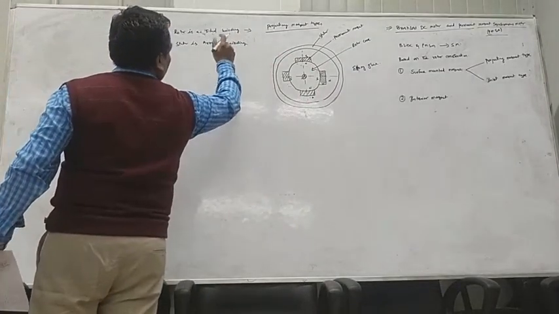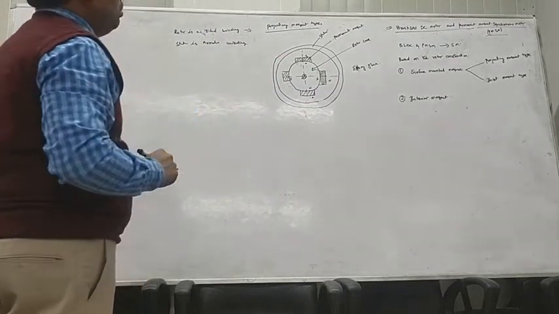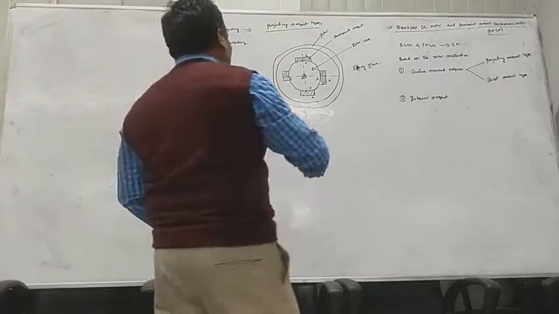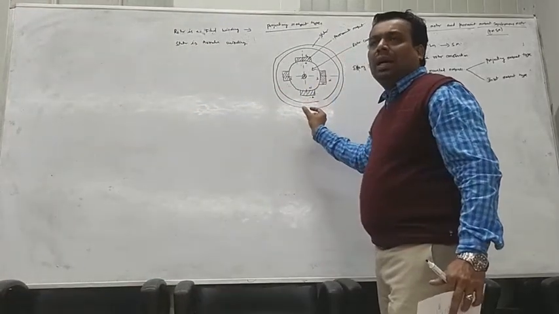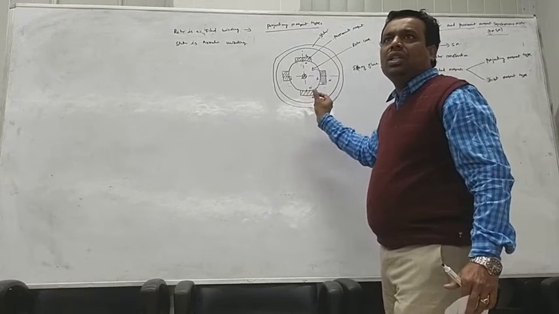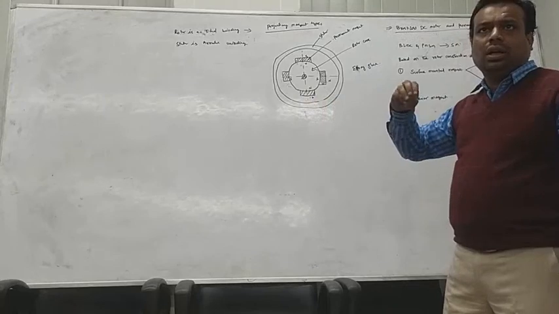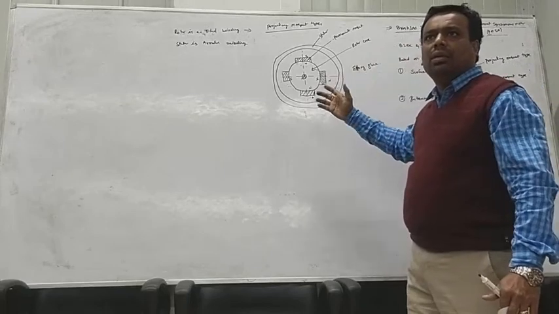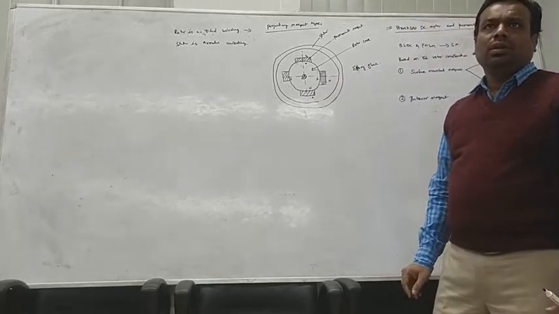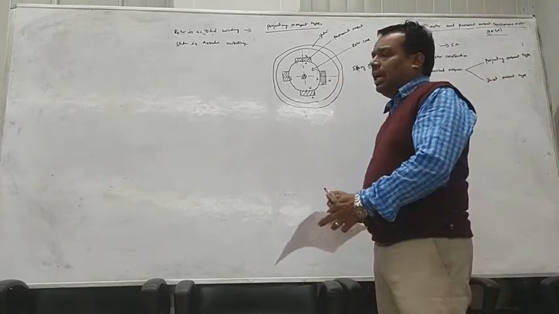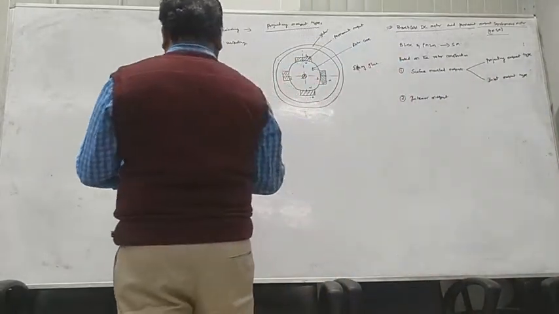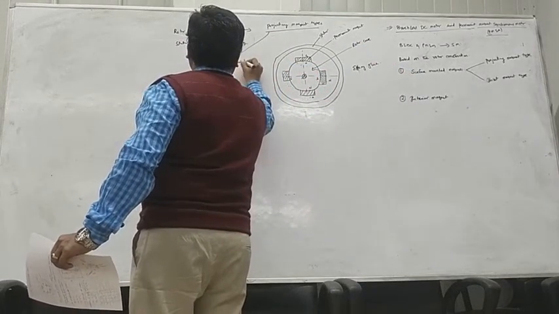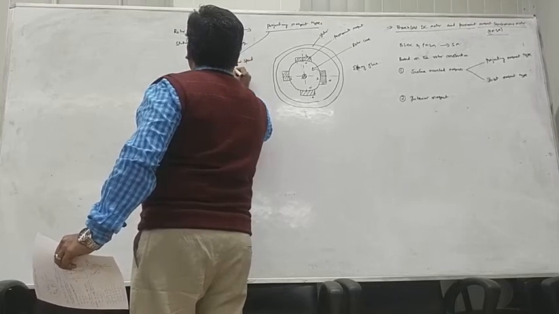This projecting magnet type structure is not robust, because you are just attaching the permanent magnets on the surface with epoxy glue. If you operate at higher speed, the magnets may come out from the rotor. So that's why this projecting magnet type is used for low speed applications only.